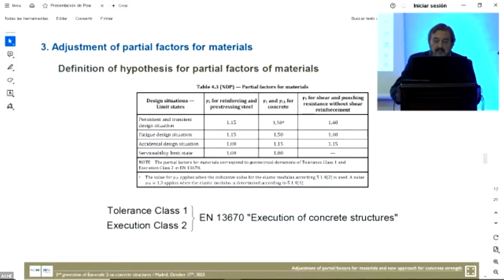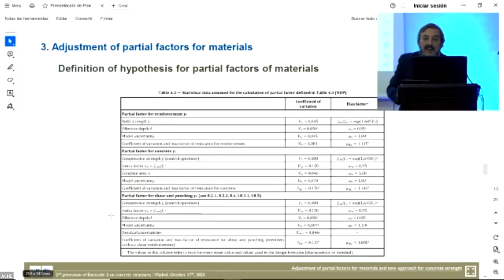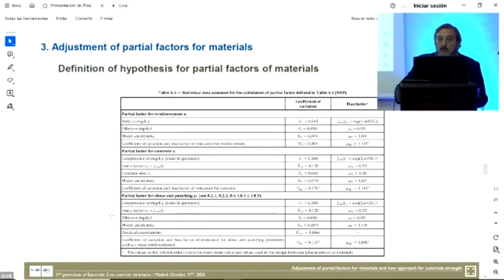The hypothesis for this coefficient, for example, typical 1.5 for concrete and 1.15 for steel, is based on tolerance class 1, execution class 2 of the code of execution of concrete structures, and some values of variability of the components of these strengths by means of coefficient of variation and bias factor.